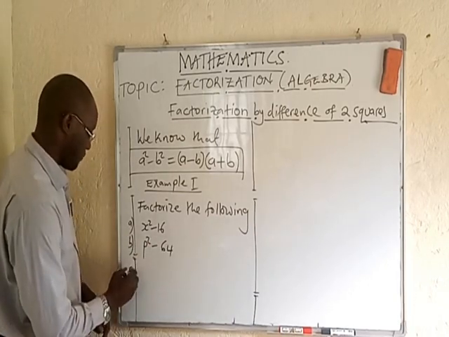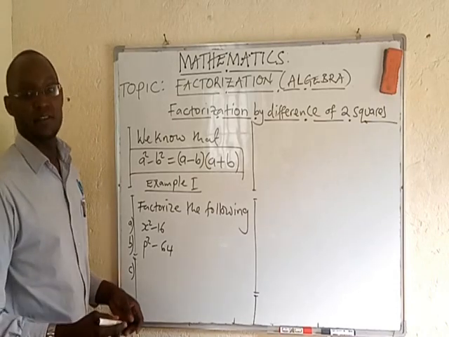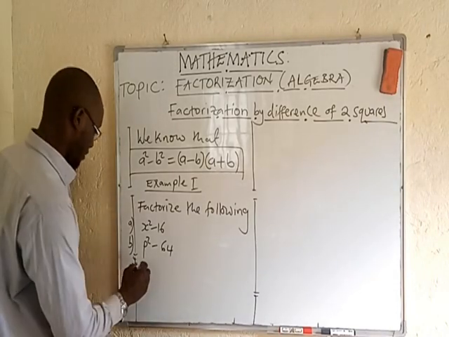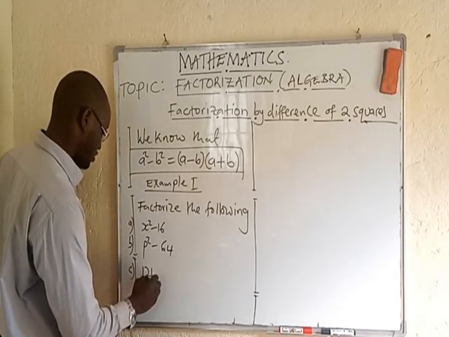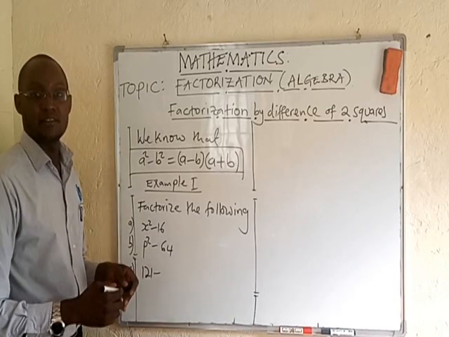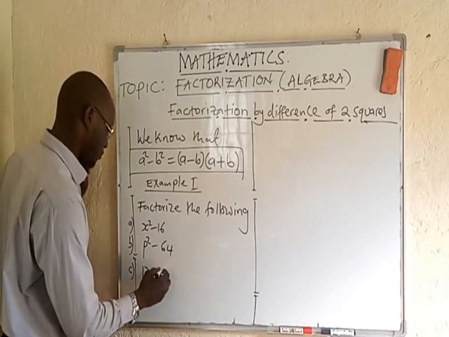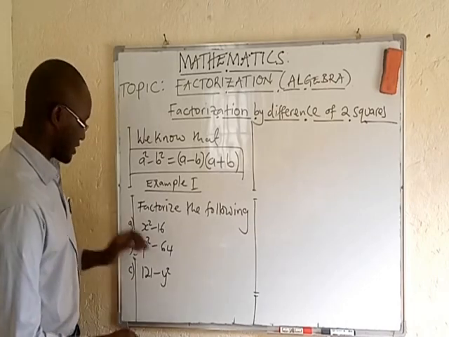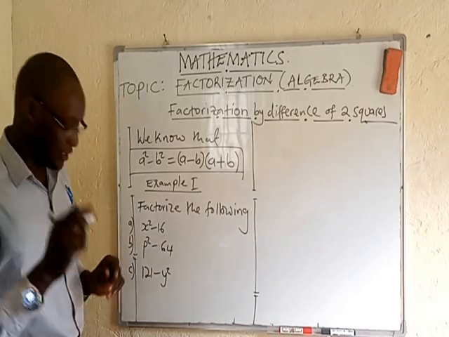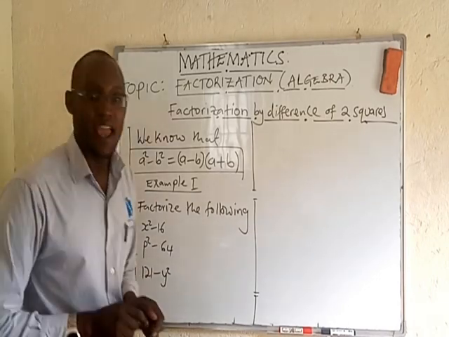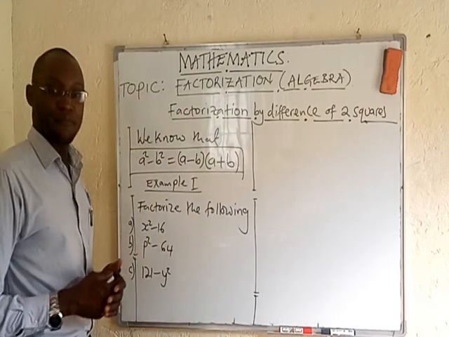And then part C, assuming somebody brings 121 minus y squared, for example. People are asking, are these differences of two squares? Let us watch and see.